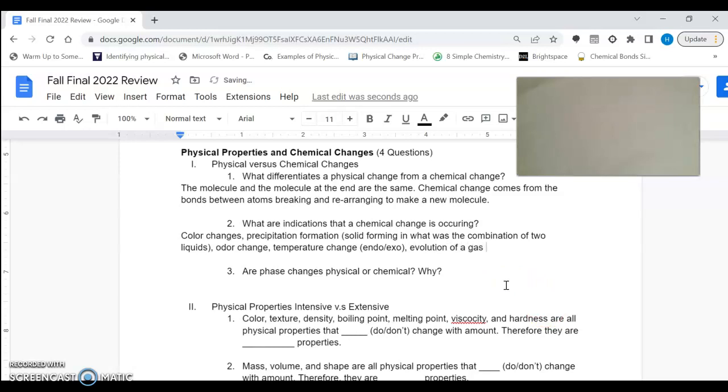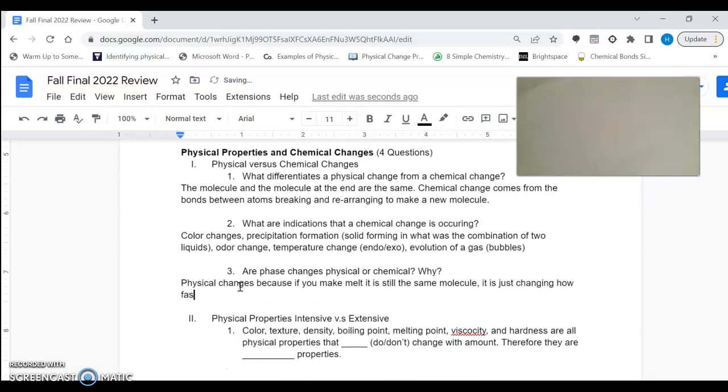So formation of a gas, bubbles, but remember, where else may we see bubbles? We might see bubbles in the phase changes. So phase changes are physical changes because if you make something melt, it is still the same molecule. It is just changing how fast it's moving.